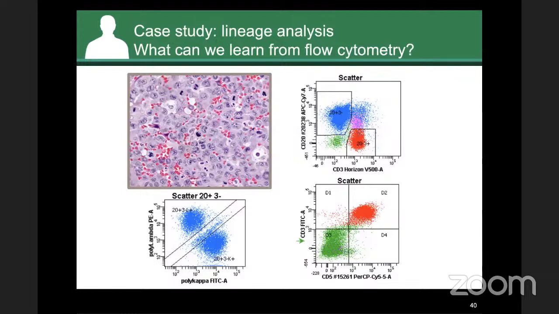You can see that there is a CD20 on the y-axis, CD3 on the x-axis. And what do you see? You see 5 different colors. You have the green color, which is neither 20 nor 3 positive. Then you have the blue, which is 20 positive, but not 3 positive. Then you have the red, which is 3 positive, but not 20 positive.